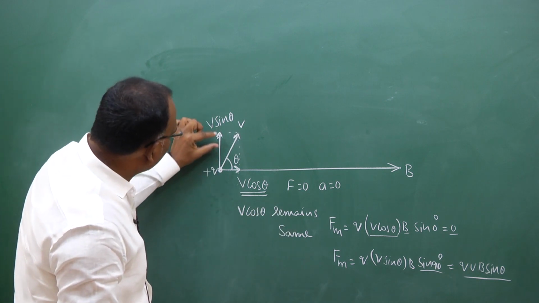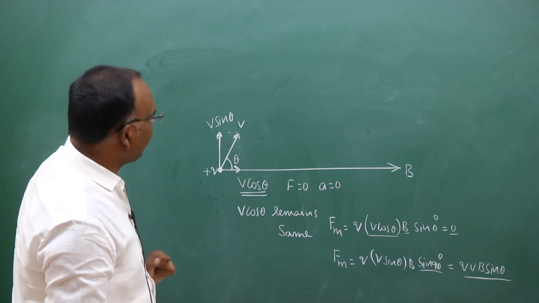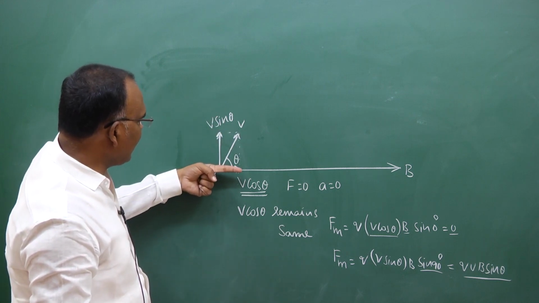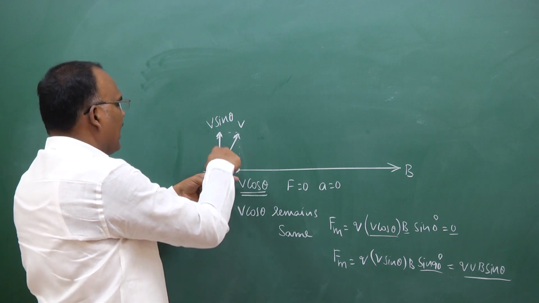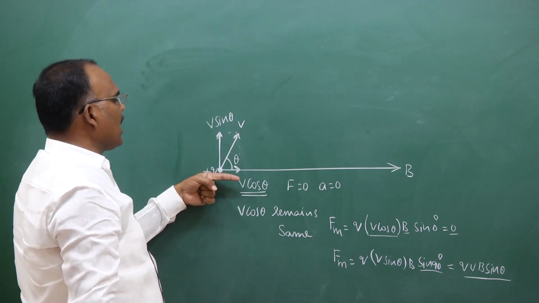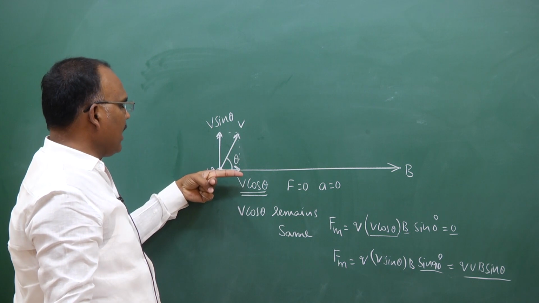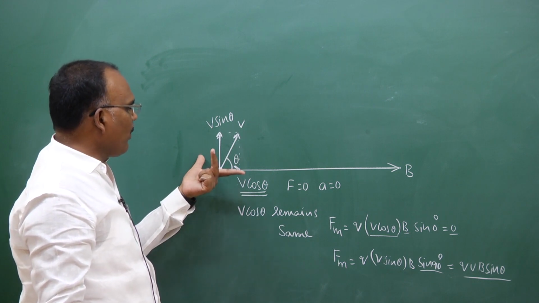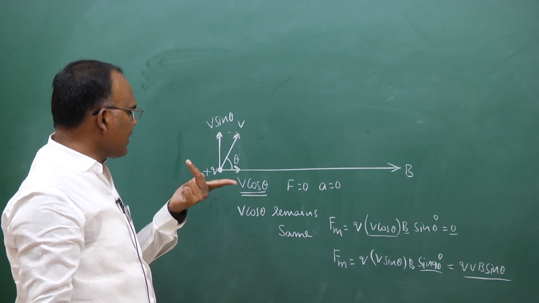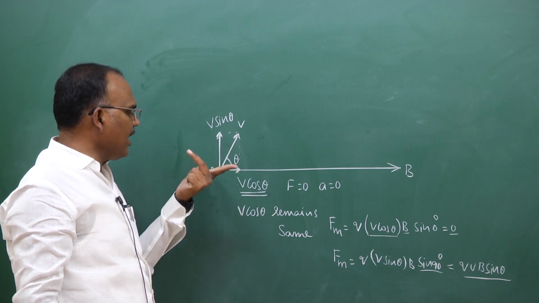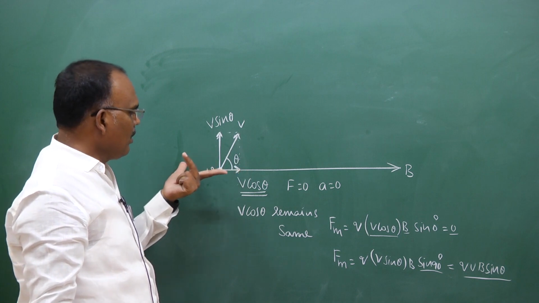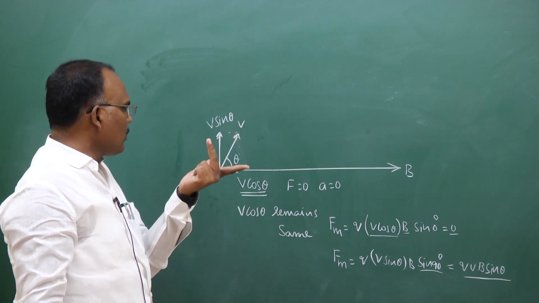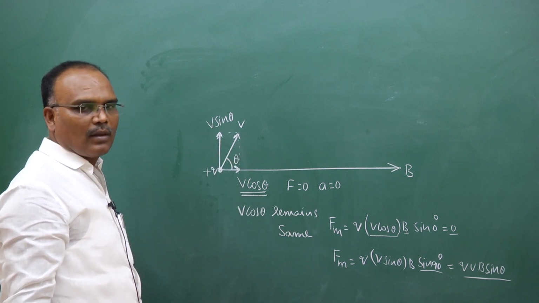But here the component is v sin theta, the charge is positive, and the magnetic field is in this direction. In the direction of motion of a positive charge we have current. So we open the current finger like this, then open this finger, and you will understand the force is acting into the plane of the board. The magnetic field is in this direction, current is going upward, so the force acts inside.